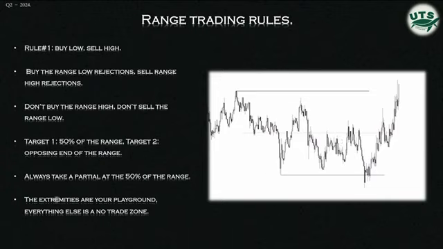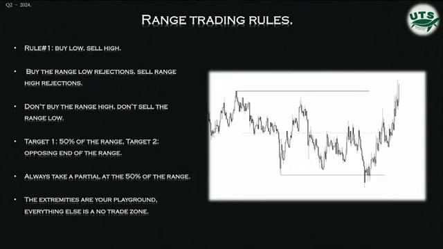Right? The extremities. If you're a range trader, and range trading is an extremely profitable route to go, I personally know many 6, 7, 8-figure traders who do nothing but range trading. Nothing too advanced. It's price ranges. So visibly look for a range low or range high to buy or sell.